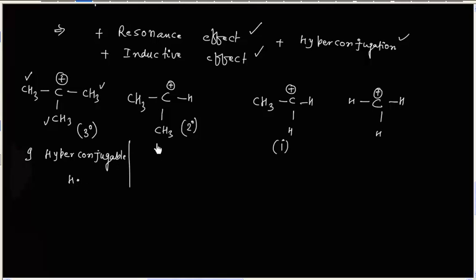In this case we have 3 plus 3 6 hyperconjugable hydrogen. Now in this case we have 3 hyperconjugable hydrogen.